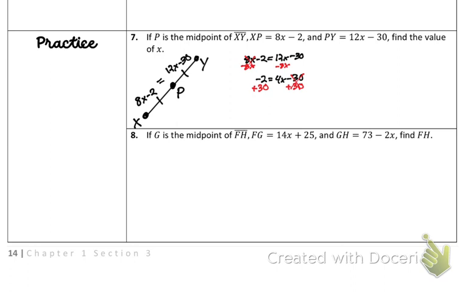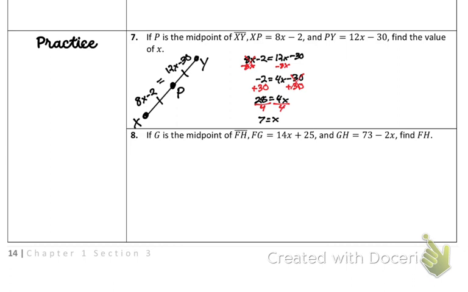We're now going to have 28 equals 4x. We will divide both sides by 4. 4 goes into 28 how many times? You think it's 7? All right, I'll go with 7 for now. So we have x equals 7. It does say just find x, so we're good there.